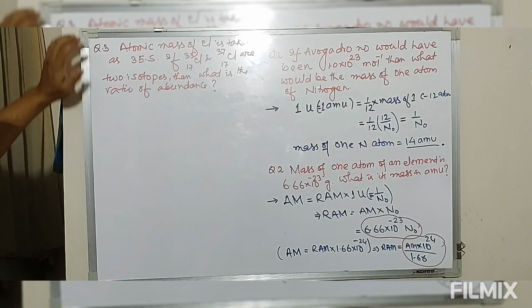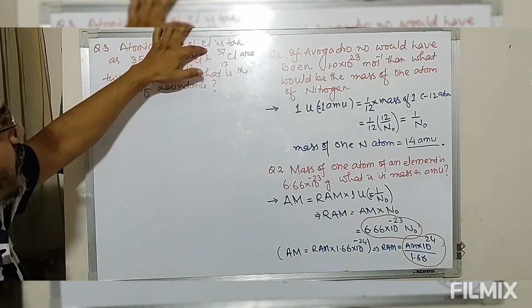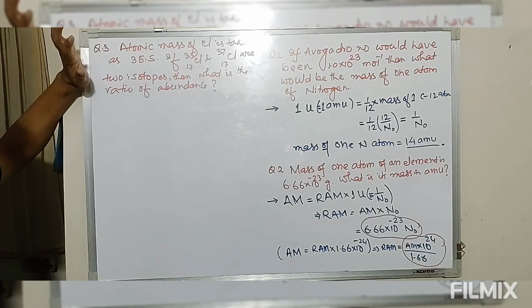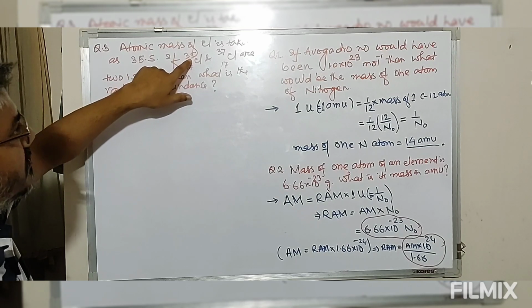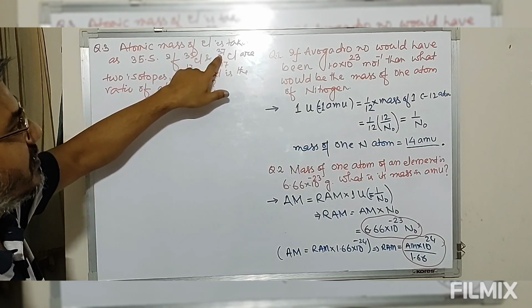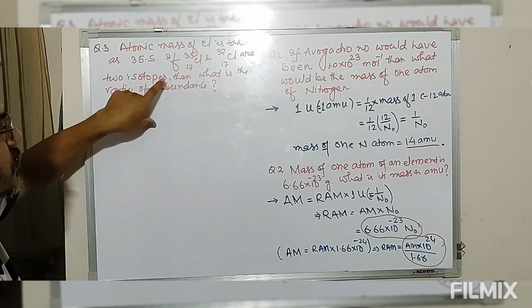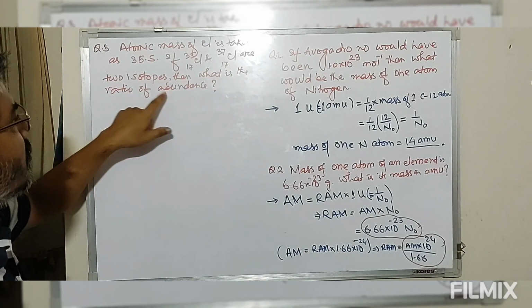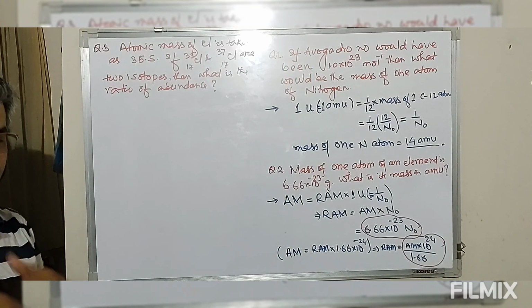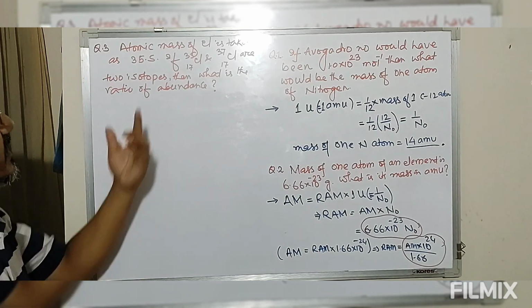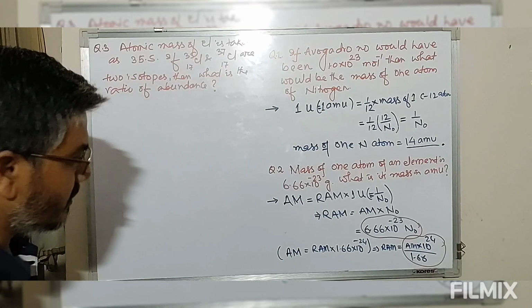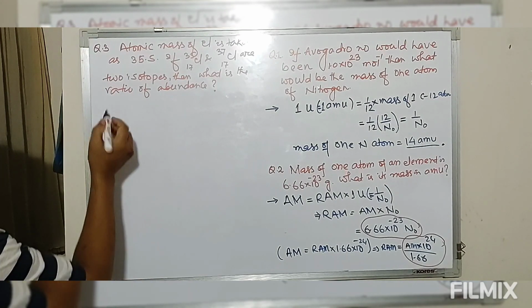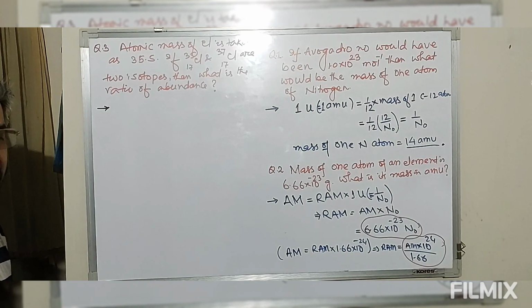Now the next question: atomic mass of chlorine is taken as 35.5. If chlorine isotopic mass 35 and chlorine isotopic mass 37 are the two isotopes, then what is the ratio of abundance? That means we have to find the ratio of abundance. The average atomic mass and isotopic masses are given. Now we have to use the concept of average mass because we are dealing with isotopes.